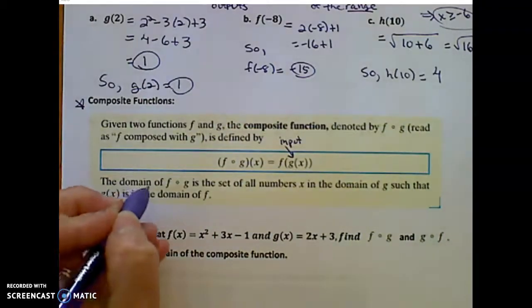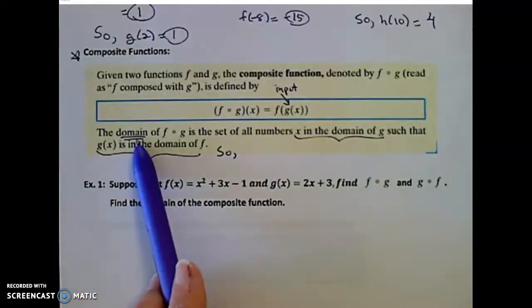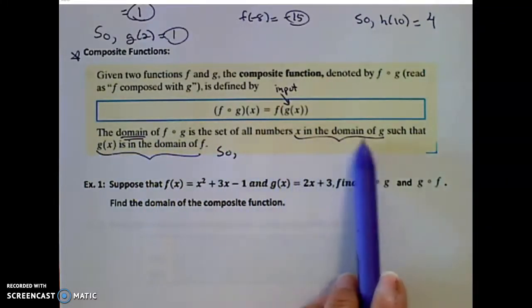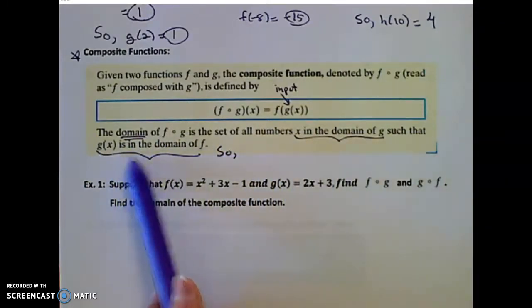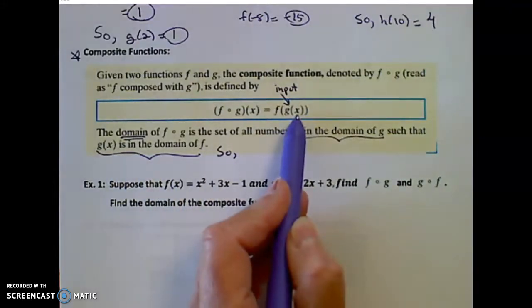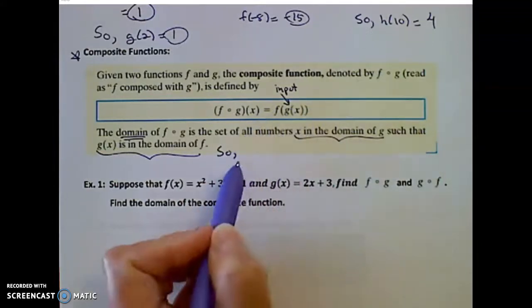We're going to be careful of the domain of a composition of functions. The domain of f composed with g is the set of all numbers x in the domain of g, such that g of x is in the domain of f. Notice I'm going to plug x into g of x, and then plug that output g of x into f of x.